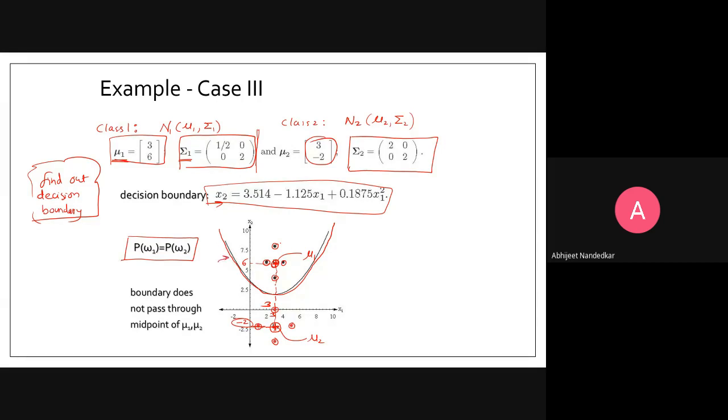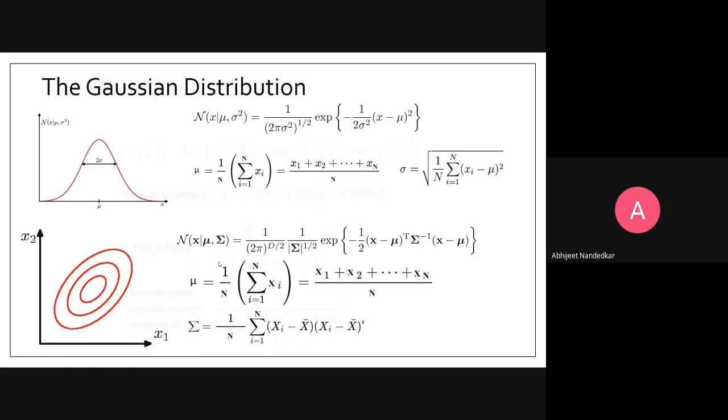Now how to obtain this equation, that is x2 is equal to 3.514 minus 1.125 x1 plus 0.1875 x1 square? How to obtain this? So go back to your basics and choose this equation for multivariate.